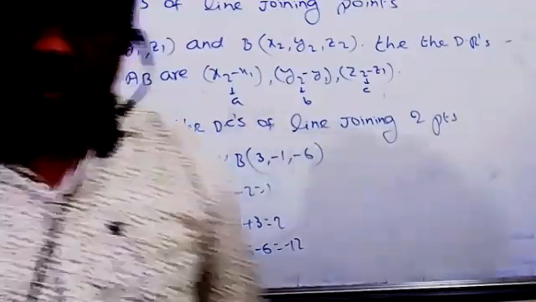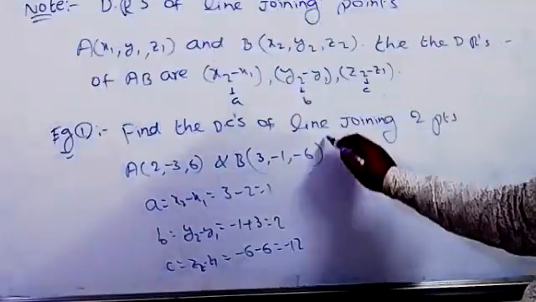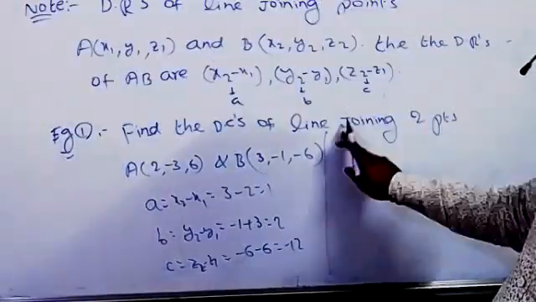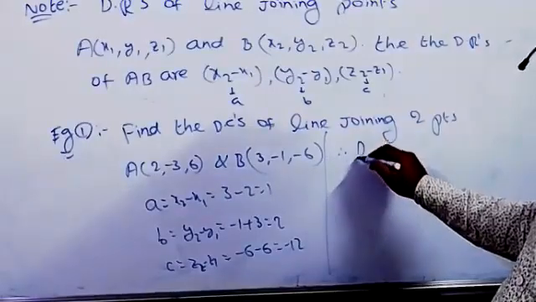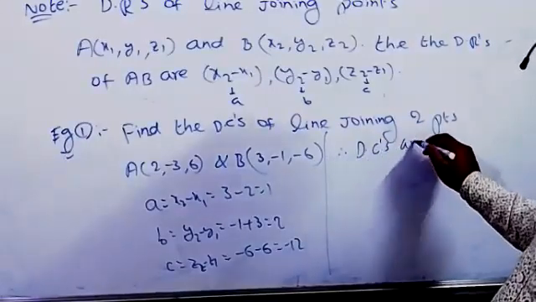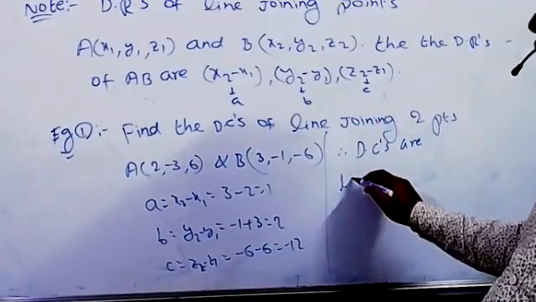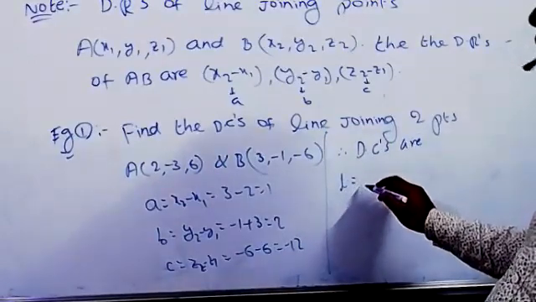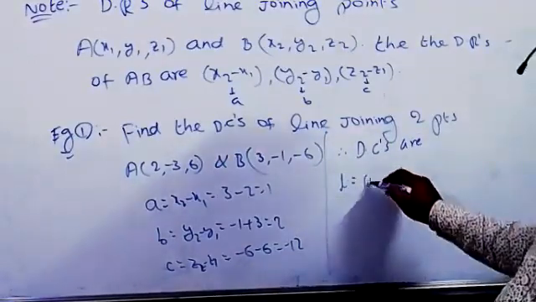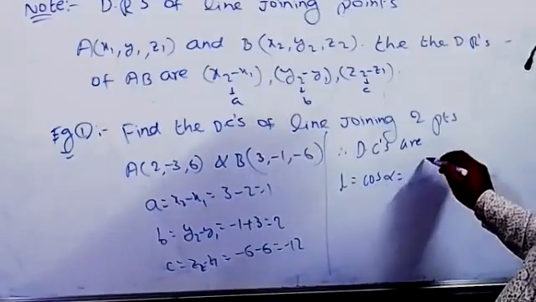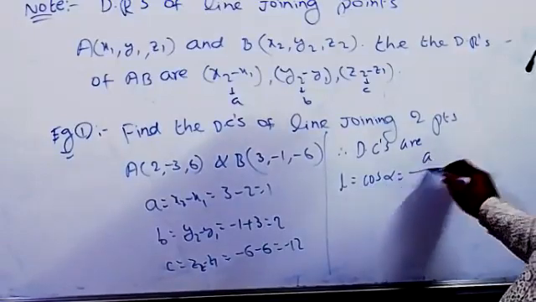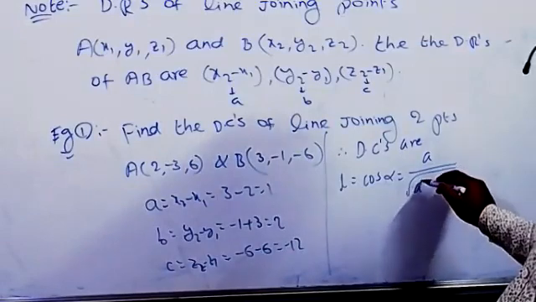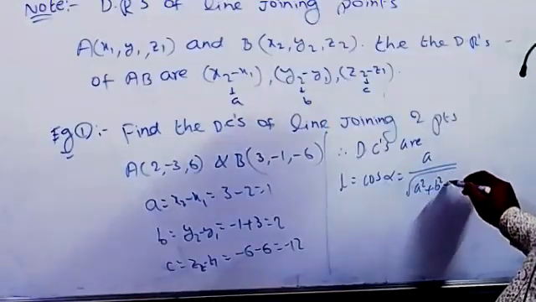Now find the direction cosines. Therefore the direction cosines are: first, the value of L, or cos alpha, by the formula we know, is A by root of A square plus B square plus C square.